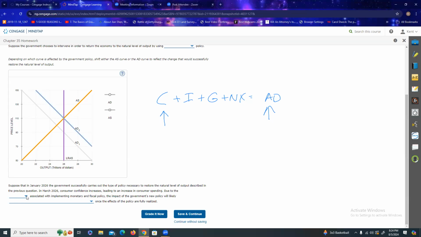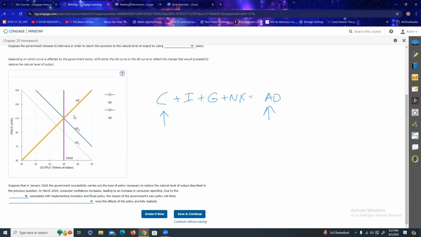Okay, so anyway, whatever. Lags. Why stop now, right? Due to the lags associated with implementing monetary and fiscal policy, the impact of the government's new policy will likely... Okay, so they've shifted it back here, but this is going to keep on going.